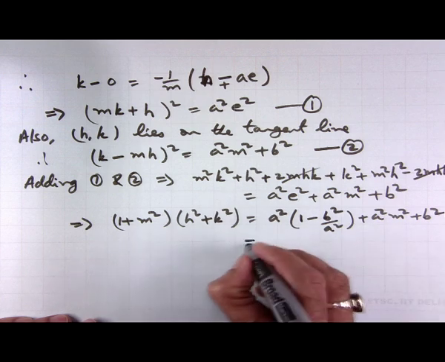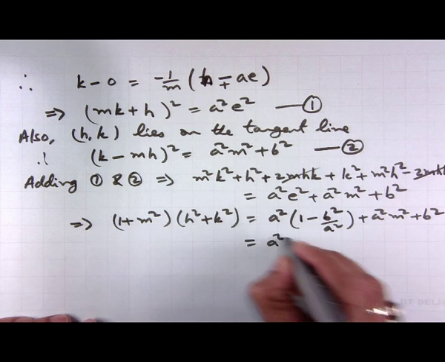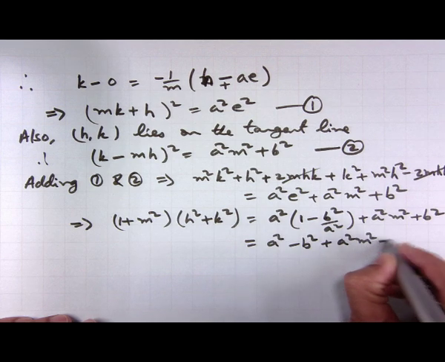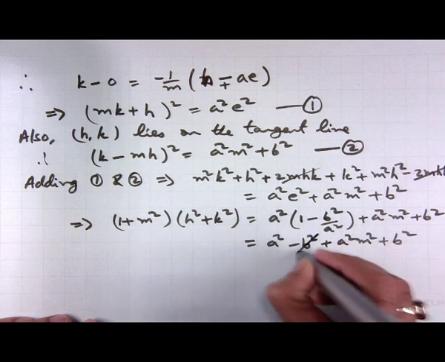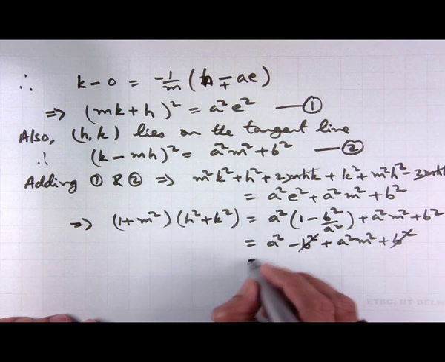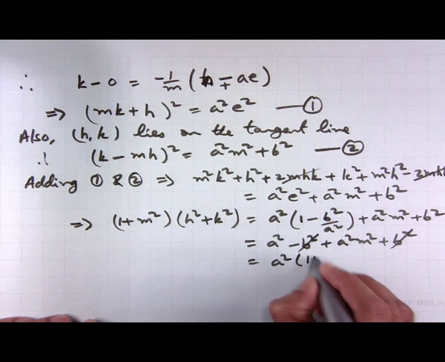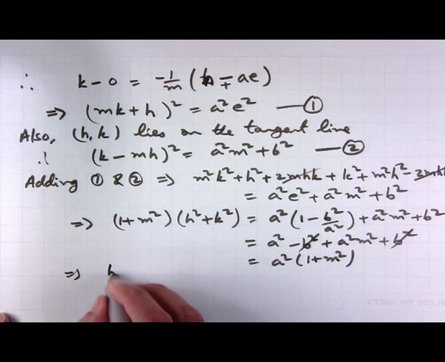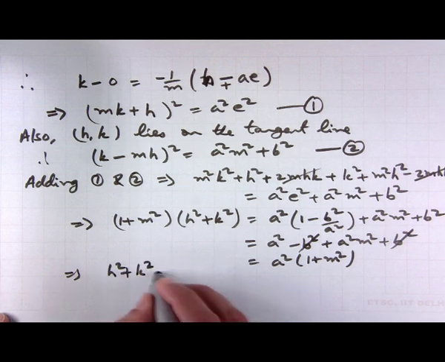So, this is equal to a square minus b square plus a square m square plus b square. B square cancels and this is equal to a square times 1 plus m square. So, 1 plus m square can be cancelled and this gives h square plus k square equal to a square.